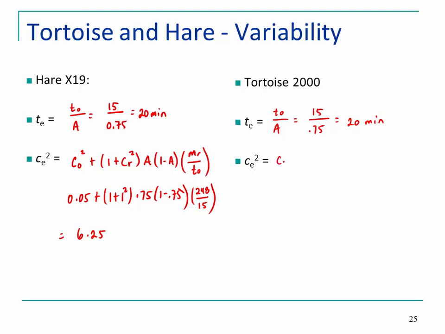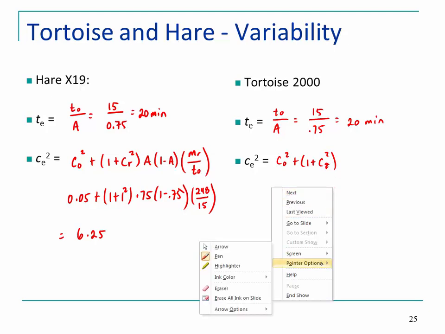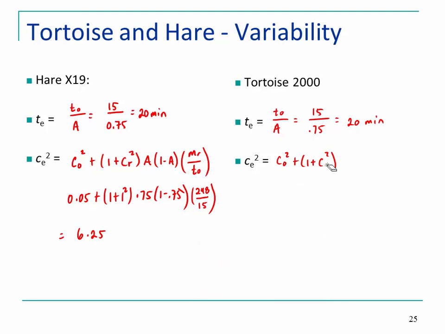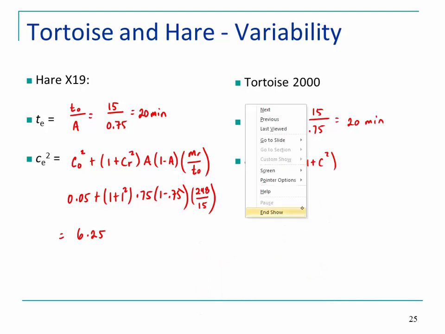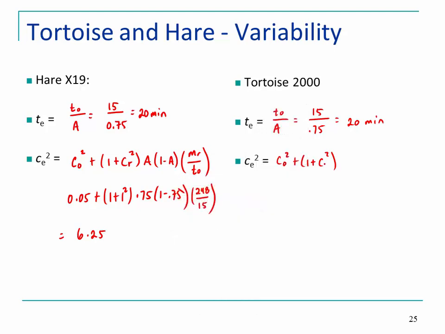And we have the same equation, C0 squared plus (1 plus CR squared) times A times (1 minus A) times MR divided by T0.